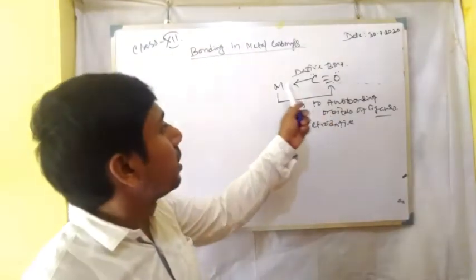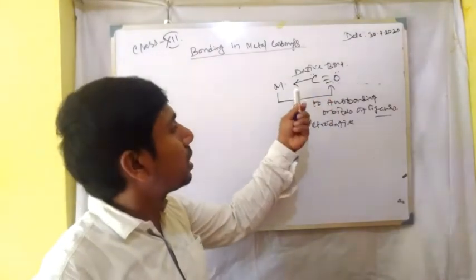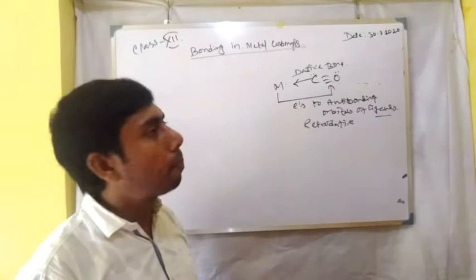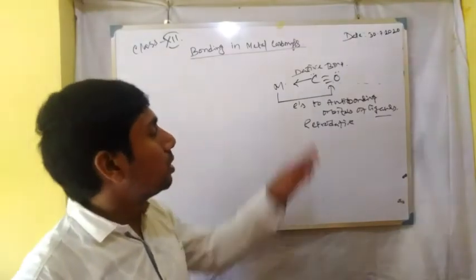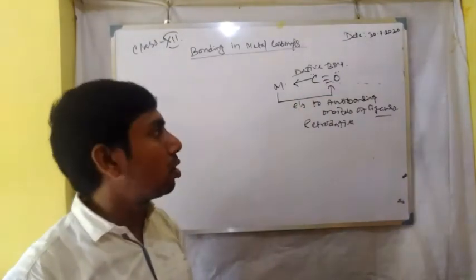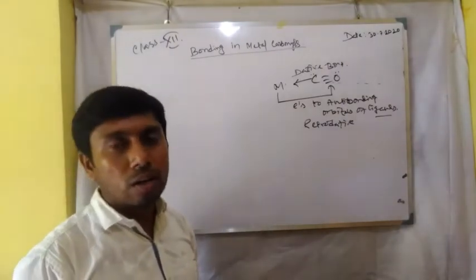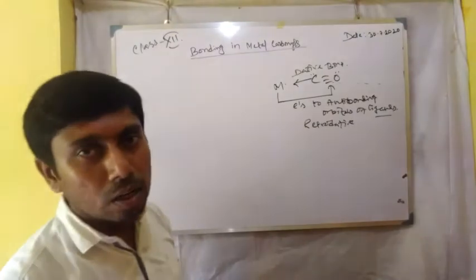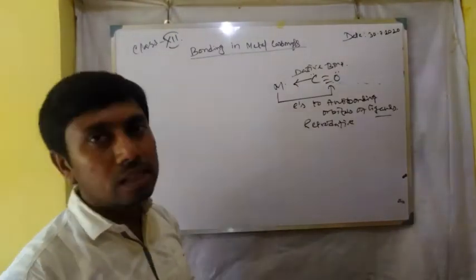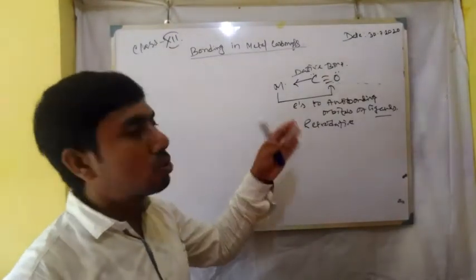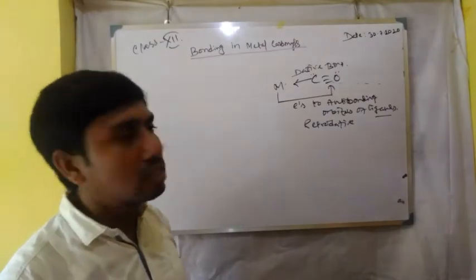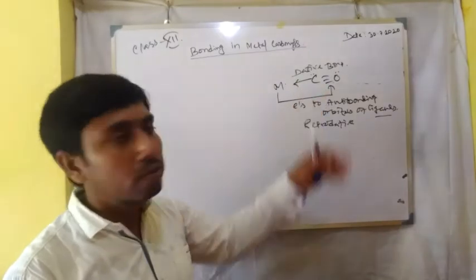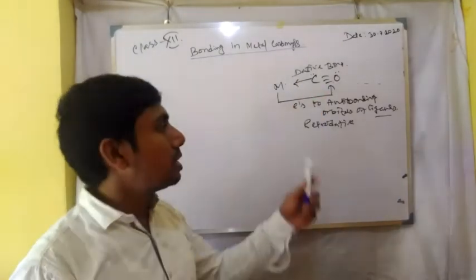Now when there is back donation from the metal to the antibonding orbital of carbon monoxide, the interaction between carbon and oxygen, that means the bond order between carbon and oxygen, is decreased to some extent. The metal gains extra stability by back donating the extra electron from the metal orbital to the ligand's antibonding pi star orbital.